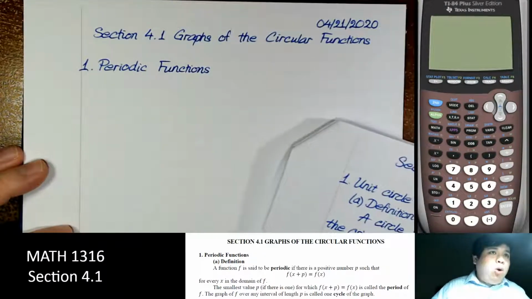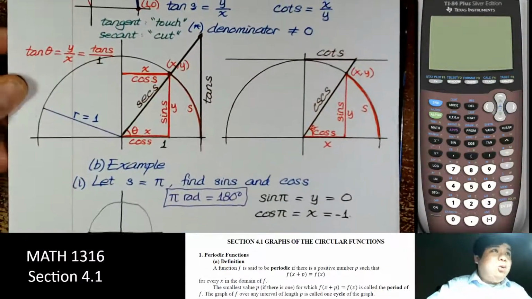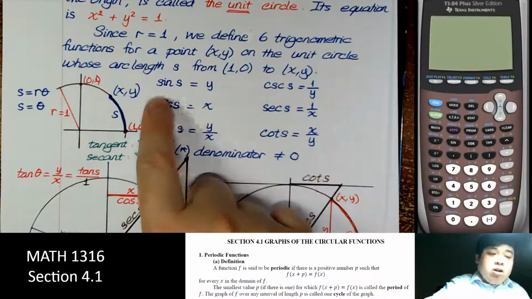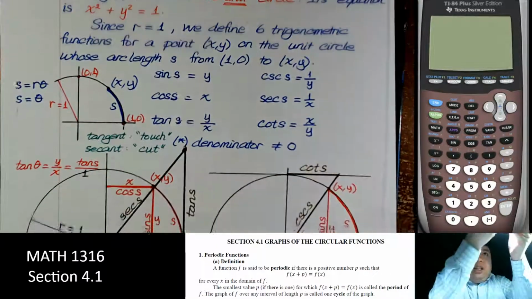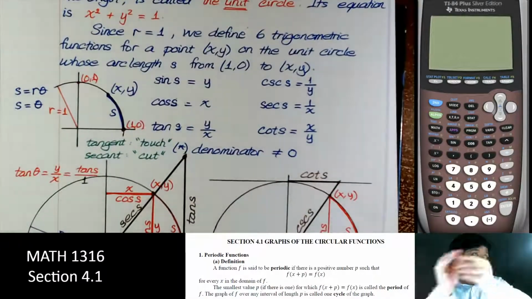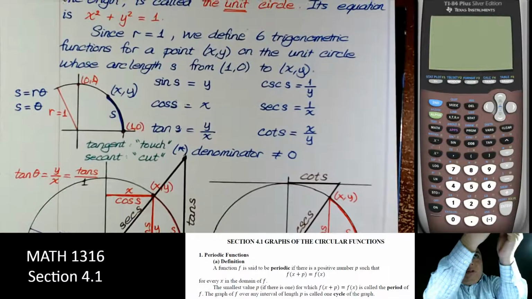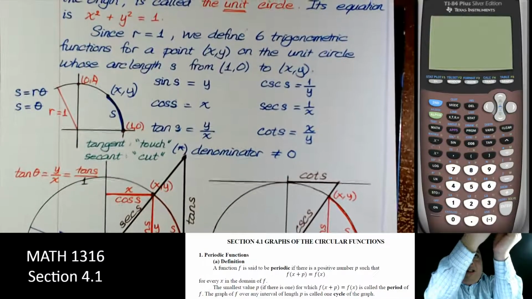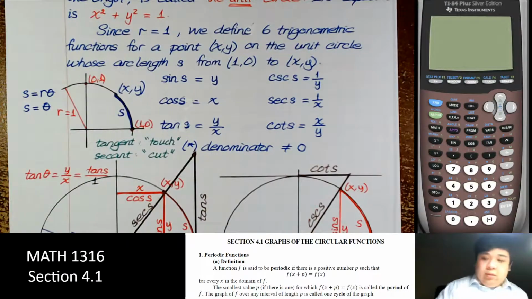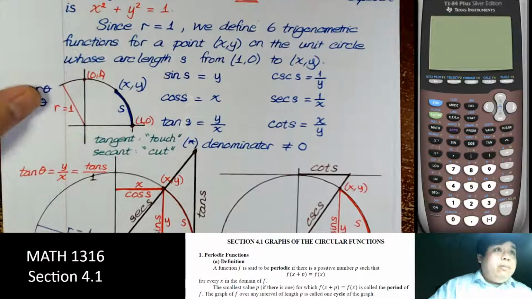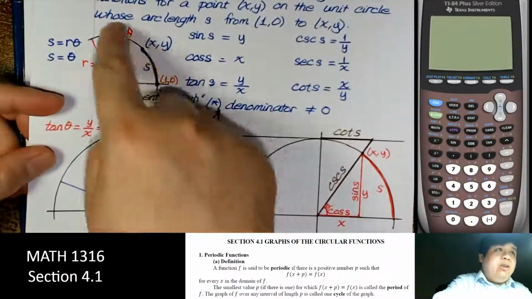When we go to the circular functions, I go back to when we defined the trig functions based on this. Just a second, I need to switch the line here a little. That's better. Alright, so we define the 6 trigonometric functions based on the length of the arc.